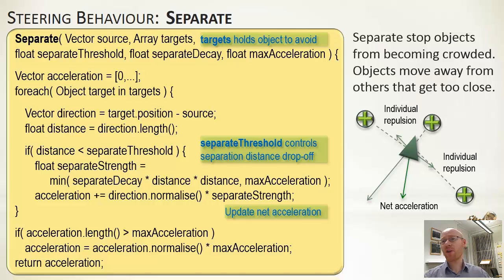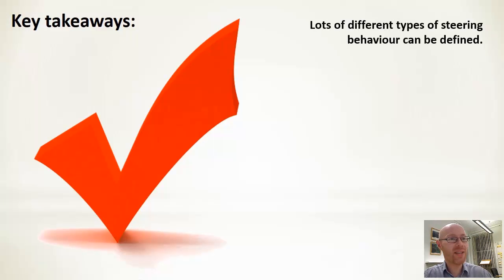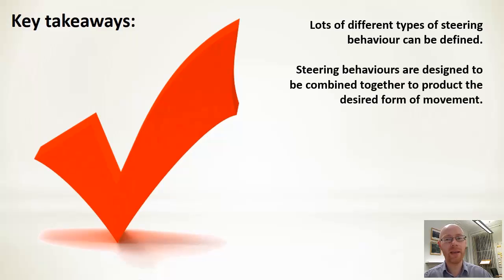So that's it. We've got a couple of key takeaways. There's lots of different forms of steering behaviour that can be defined. You've seen quite a few of them here. They're designed to be combined together, so I could take a pursuit behaviour towards, say, chasing after the player. I could add in a separate behaviour to try to stay apart from another bunch of objects.